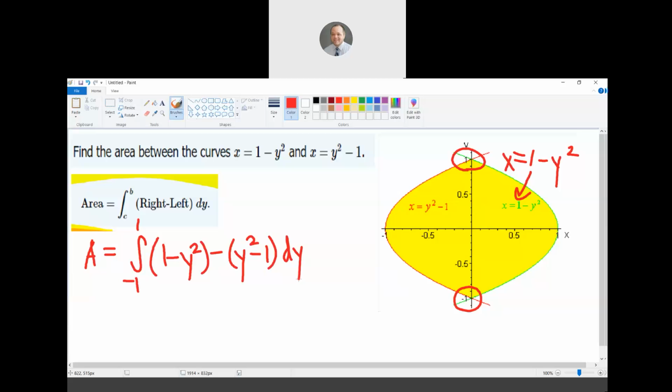Now, before we integrate, we must distribute that negative sign in the middle to everything that's in the second function. So when we do that, we get 1 minus y squared minus y squared plus 1.